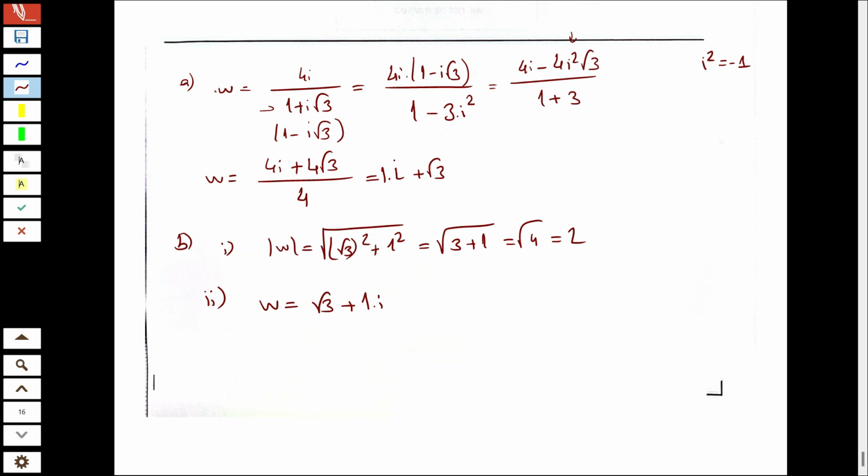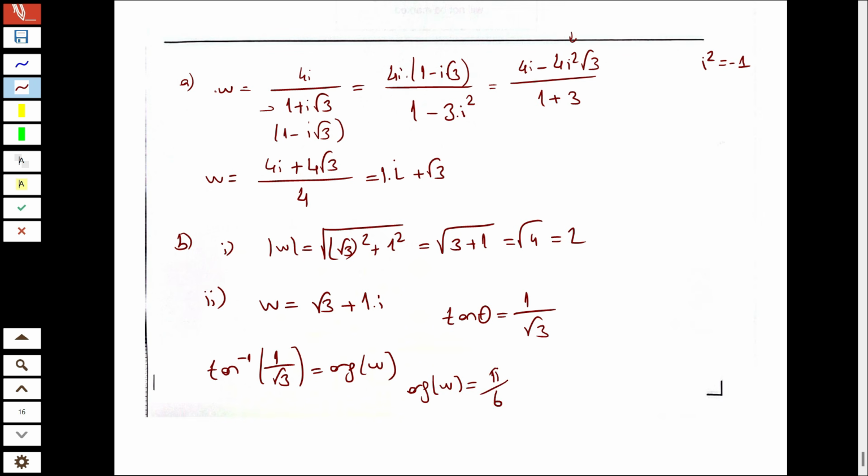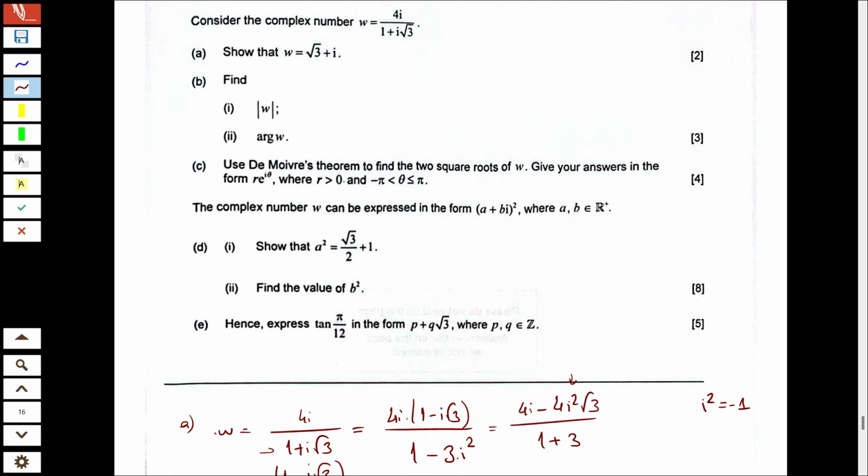And I can say that tangent theta, this is the angle of this complex number, will be 1 over square root of 3, which is the imaginary part divided by the real part. If we take the inverse of tangent 1 over square root of 3, it will give us the argument of w, right? And I know that this angle is pi over 6.